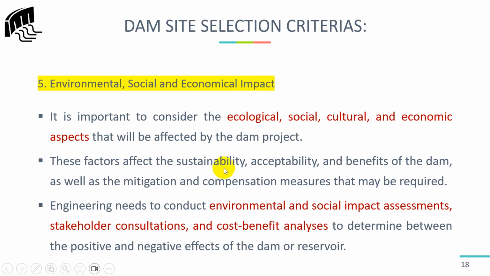These factors affect the sustainability, acceptability, and benefit of the dam, as well as the mitigation and compensation measures that may be required. Engineers need to conduct environmental and social impact assessments, stakeholder consultation, and cost-benefit analysis. So this is talking about economics. It's important to make an evaluation of the cost-benefit analysis.